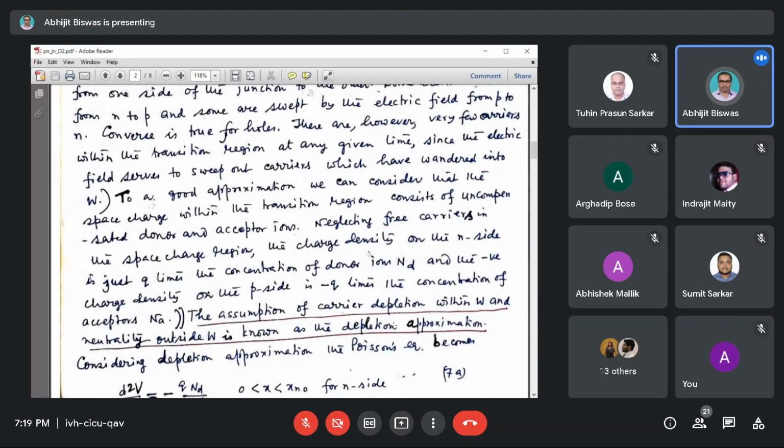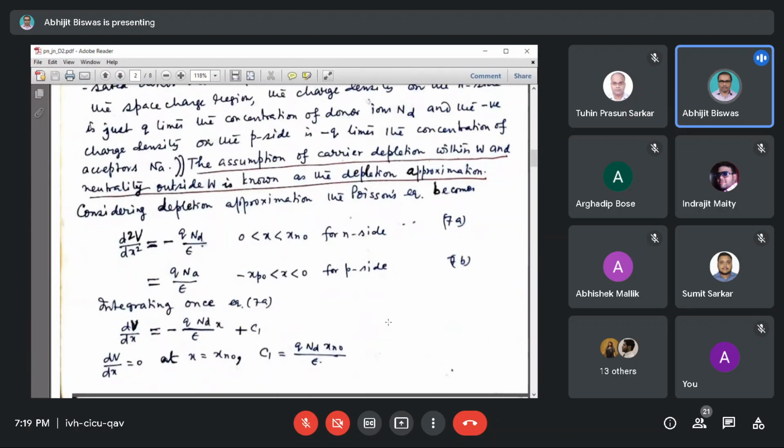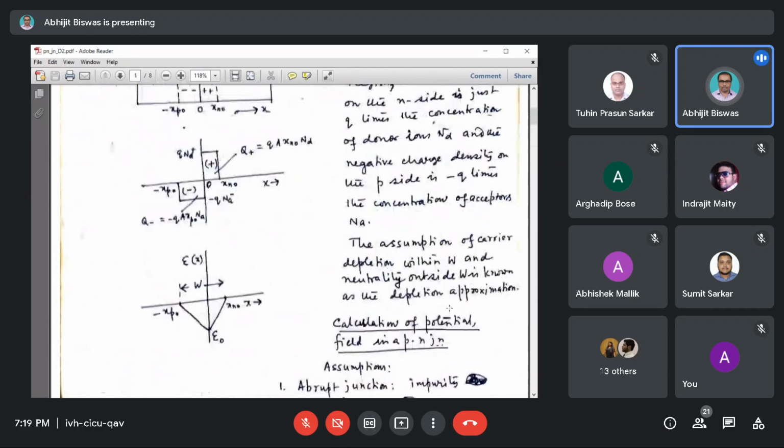Therefore, how can you write this Poisson's equation? We have separated out this equation for two sides, one for n side and another for p side. So d2V/dx square is equal to minus q Nd divided by epsilon. This equation holds good when x varies from 0 to xn0. You see this last figure here.